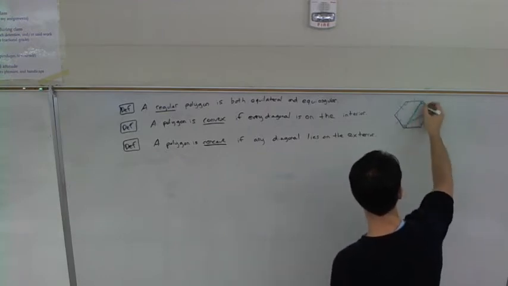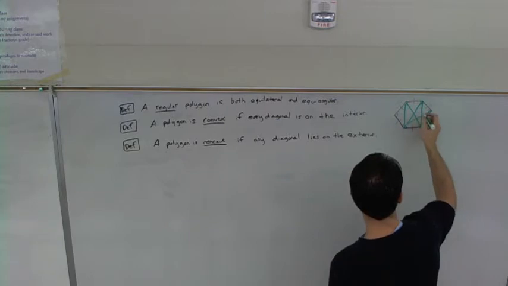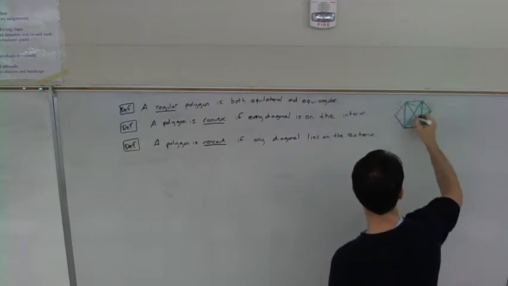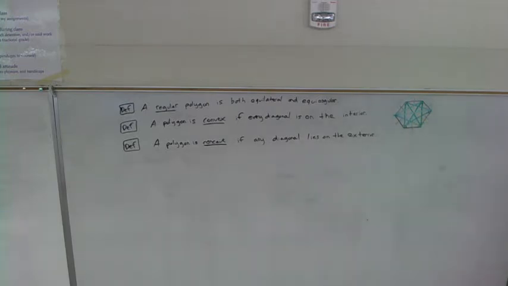This is one, this is one, this is one. It's got lots of diagonals, right? Did any of those go outside? No. So it's convex.